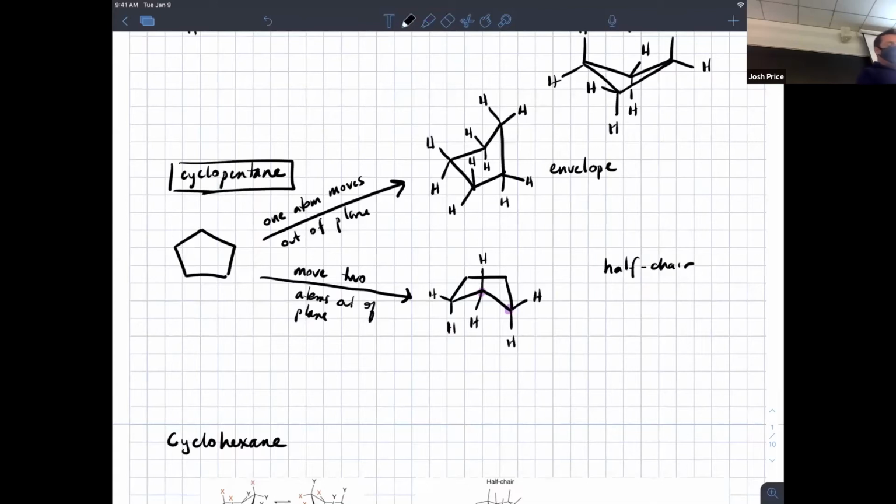There's something, I forget what it's called. Maybe it's pseudo-rotation or something like that. But basically, assuming we've had atom 1 or then atom 1 and 2 come out of the plane, that's not permanent. And actually, the ring will fluctuate such that the point of puckering rotates around the ring.